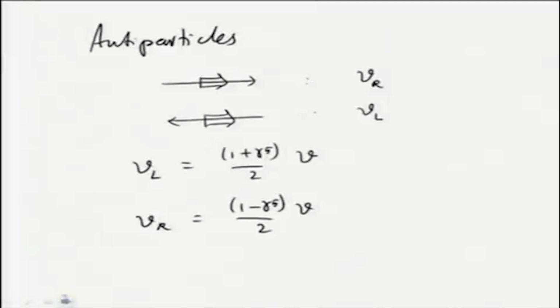Now, similar to parity, there is another important symmetry called charge conjugation, which is again important in weak interactions.